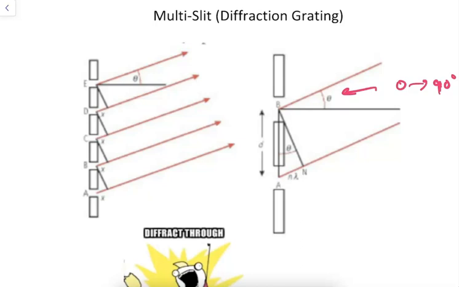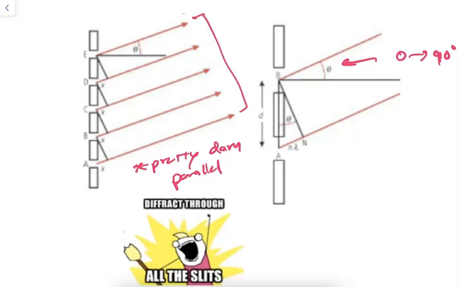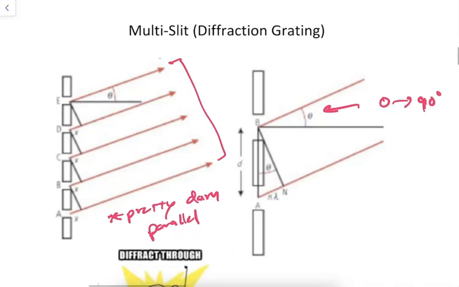No, parallel lines do not intersect, but we are saying they're pretty darn parallel. It's a negligible difference, because when we're talking about this situation, they all hit the same point.